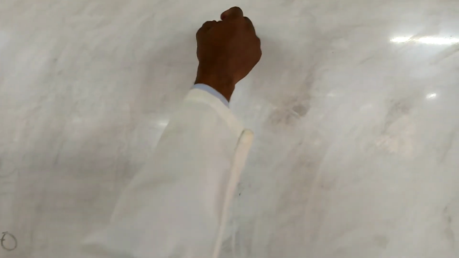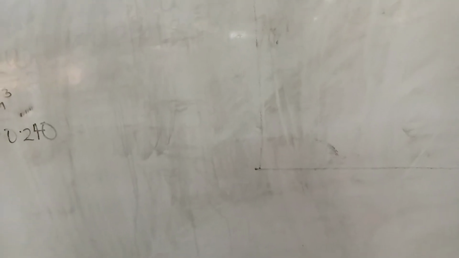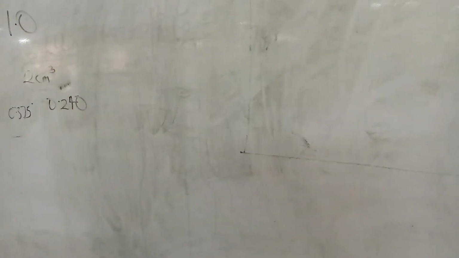Our absorbance versus concentration graph. And remember that we have said we make use of the Beer-Lambert principle, which makes us understand that the relation between absorbance and the concentration is linear. So we get the absorbance reading, making use of this spectrophotometer, and then we try to plot the absorbance versus the concentration curve.